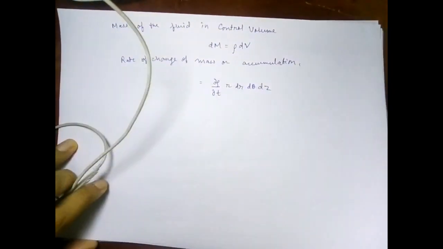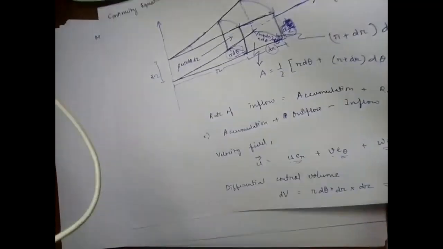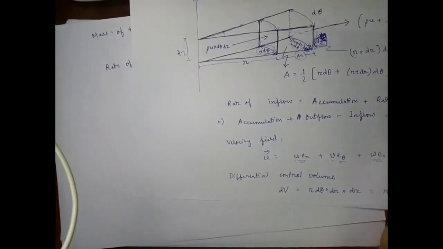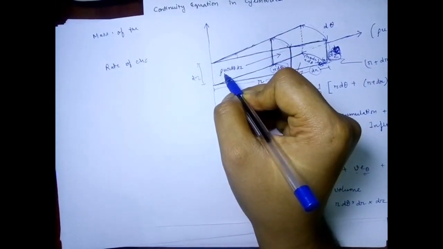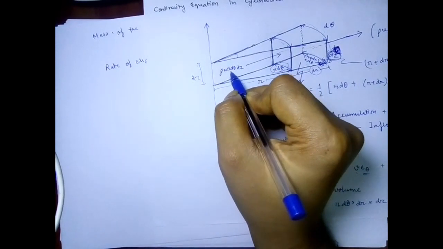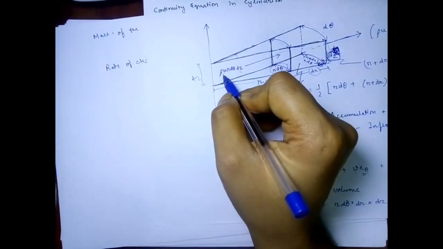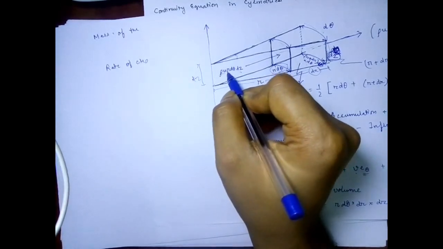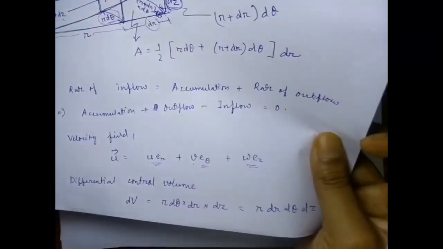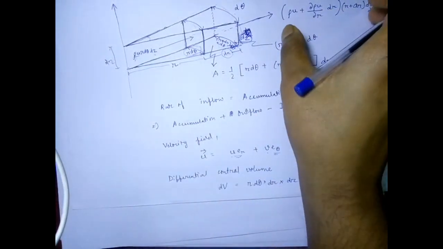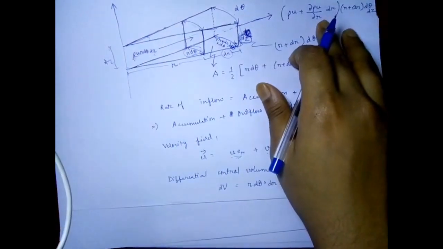Previously, let us just ignore this u part, and we have r dr d theta and dz, and we also differentiate the density with respect to time. Then we will get the mass flow rate inflow, and similarly the mass flow rate outflow.